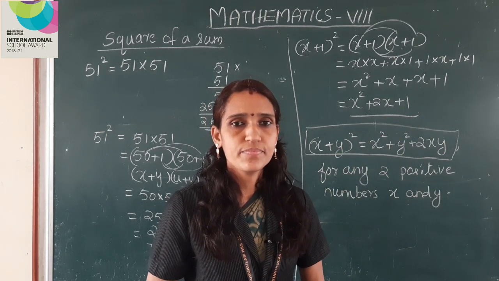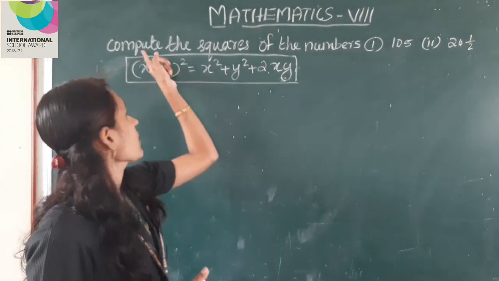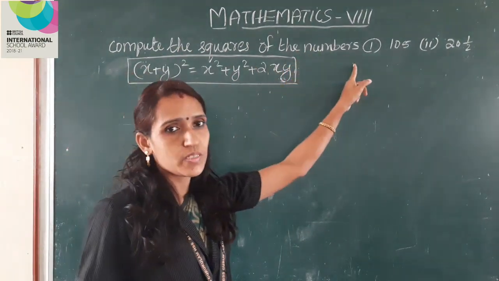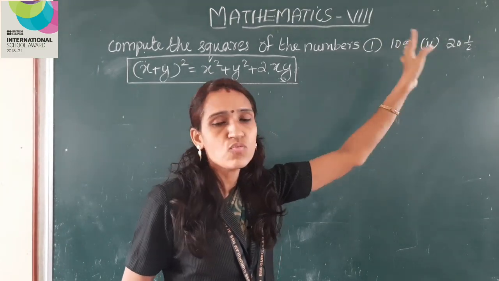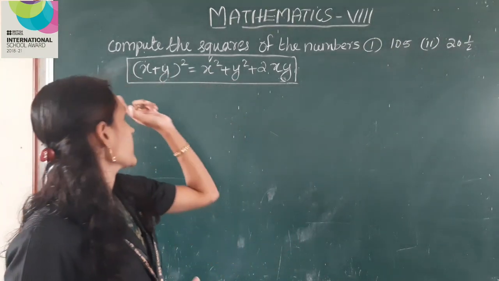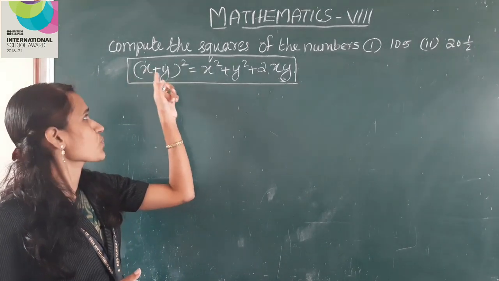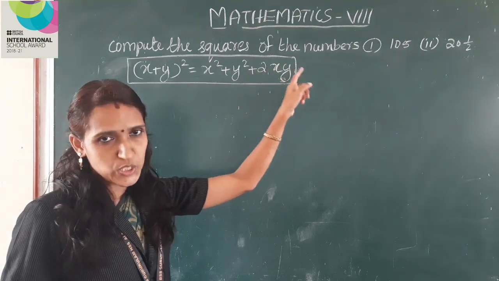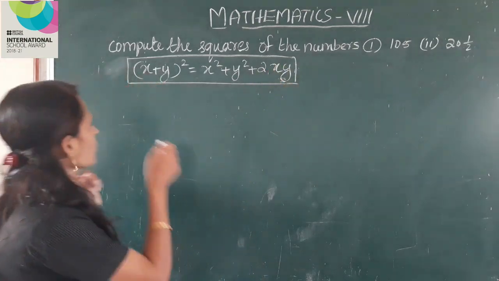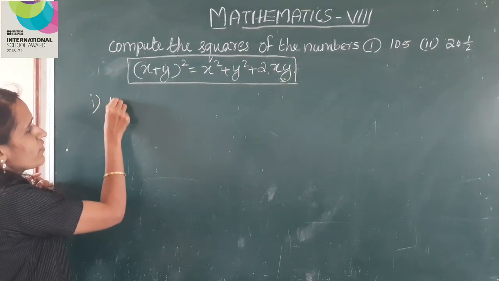Clear, children? Next, compute the squares of the numbers. First one 105, second one 2 1/2. Using this identity, that is x plus y whole square is equal to x square plus y square plus 2xy. First one is 105.